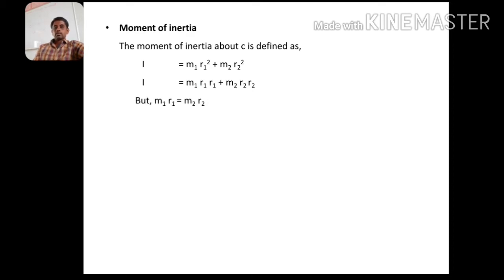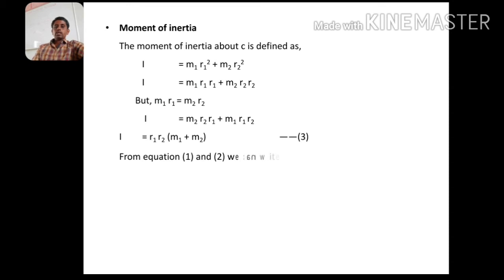But from equation 2, m1 r1 is equal to m2 r2. By putting the value of m1 r1 as m2 r2 and m2 r2 as m1 r1, we will get I is equal to m2 r2 r1 plus m1 r1 r2. I is equal to r1 r2 into m1 plus m2, as r1 r2 is common. This is equation number 3.